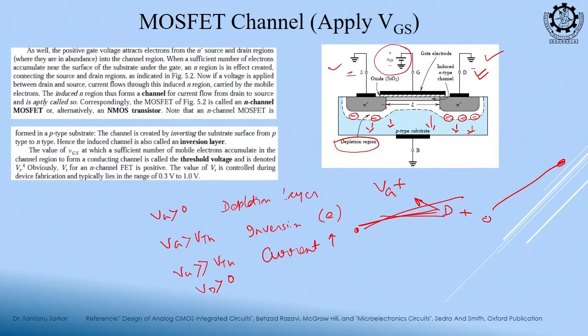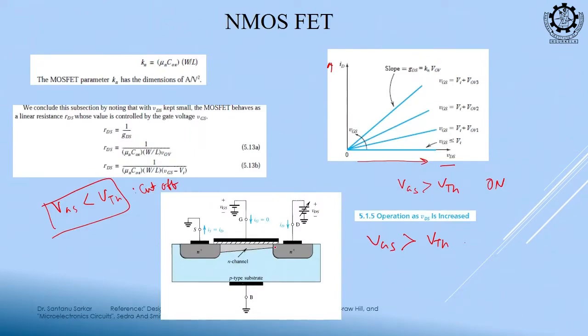Source side our potential is 0, but drain side our potential is VD and gate side our potential is VG. So, this difference is VGS, maximum at the source end, but this difference is VGS minus VDS at the drain terminal, and that is less. That is what will form a tapered channel.